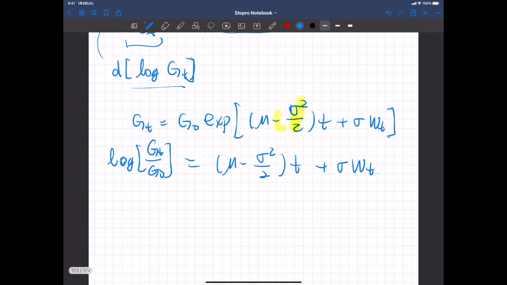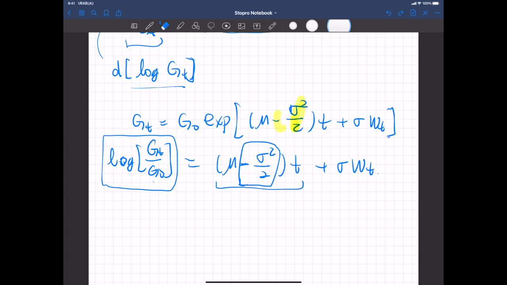So in fact, this log of gt with some constant indeed behaves like the ordinary Wiener process with this drift term. But this drift term is kind of dampened by this factor. And this stems from the Wiener process part, because this involves sigma.